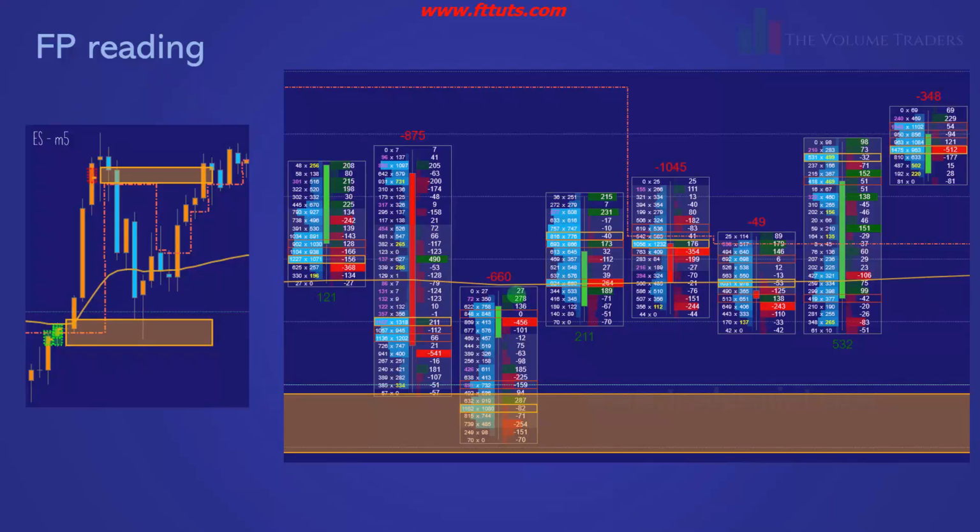So in theory, of course, in a trending market, like here, we have highly positive delta, so more buyers. But as I said, in theory, we cannot forget about the passive orders.